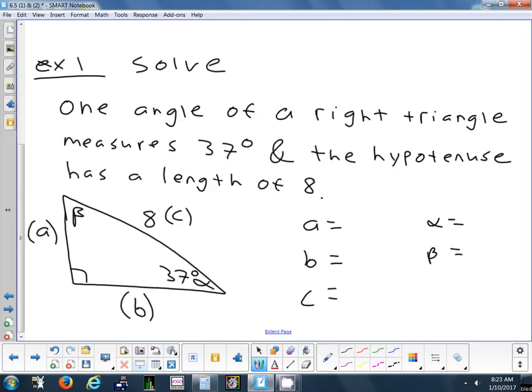So we have to find all of these. This one is always the right angle, so there's nothing to find for that one. I'm going to fill in what else we know. C is 8, and alpha is 37.